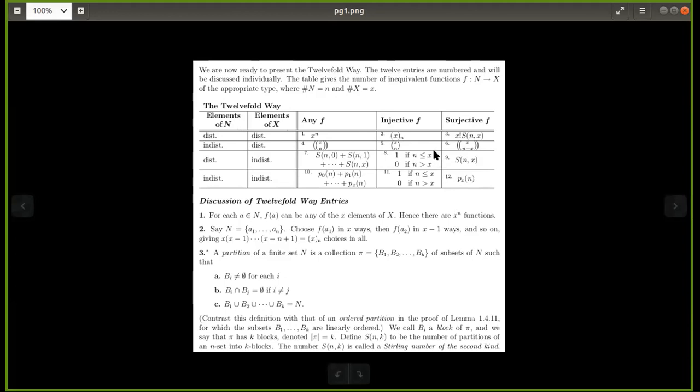What I'm saying is that when you deal with the equivalence class generated by the functions, when the elements of n and elements of x both are treated to be distinguishable, there you will have all types of functions.